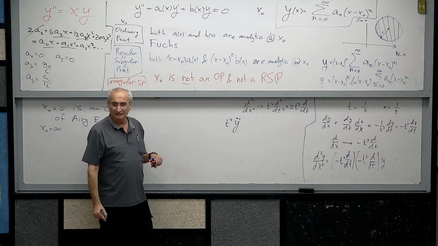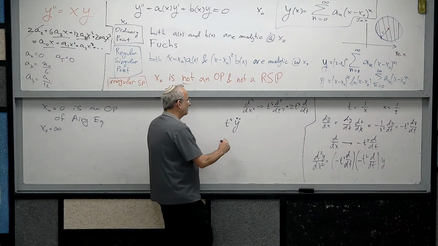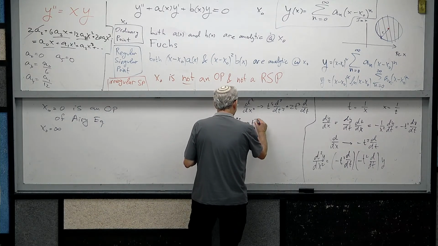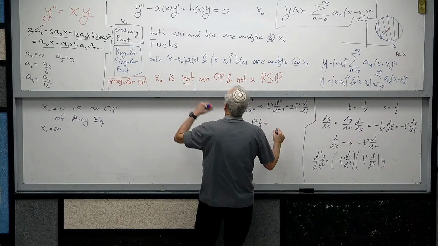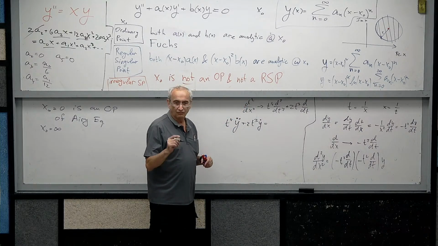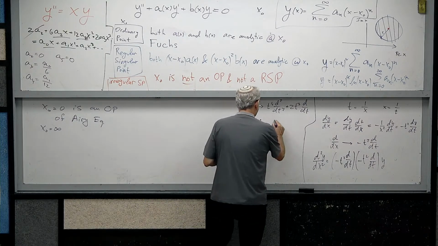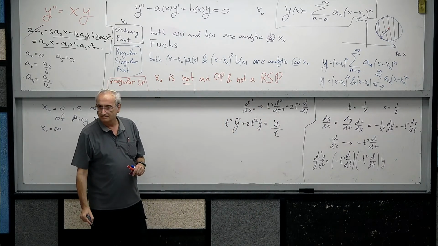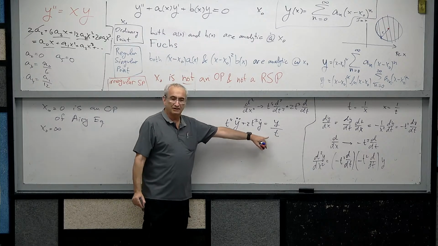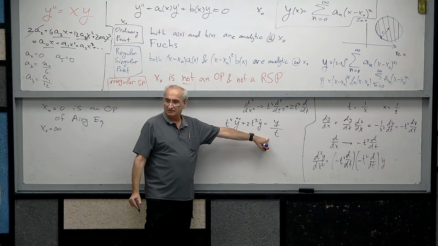Dot is derivative with respect to t. Plus 2t cubed y dot equals what? What I have on the other side? Y over t, because x is 1 over t. This is the Airy equation after the change of variables.